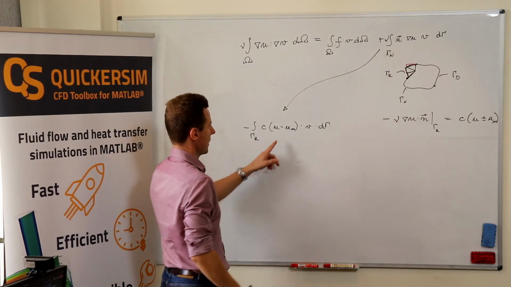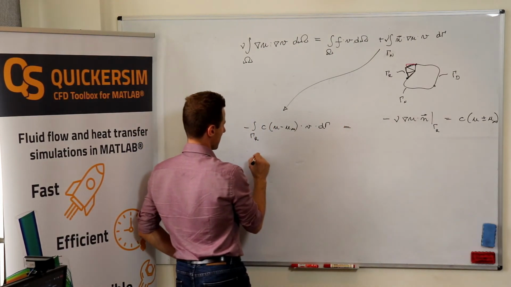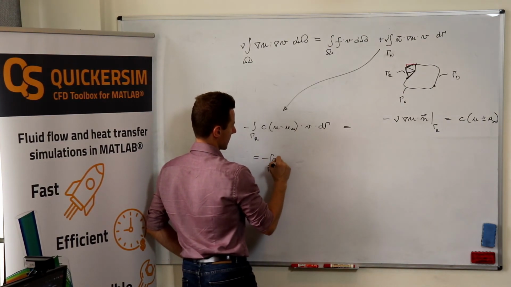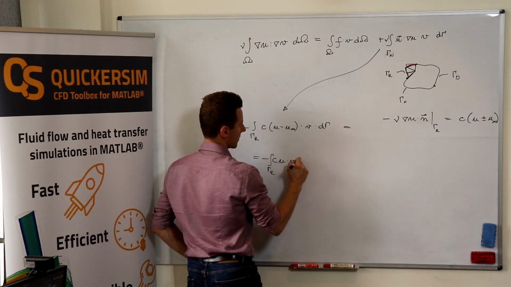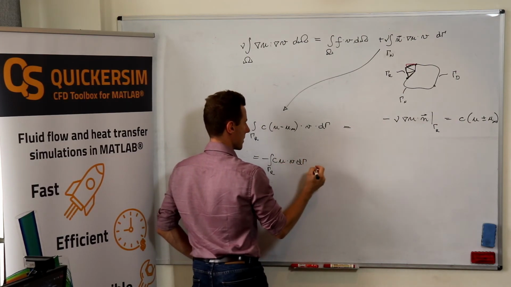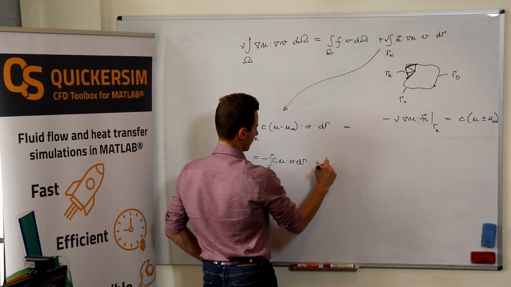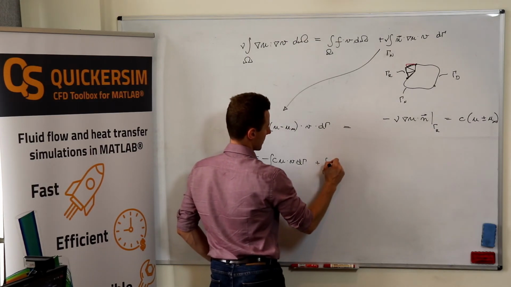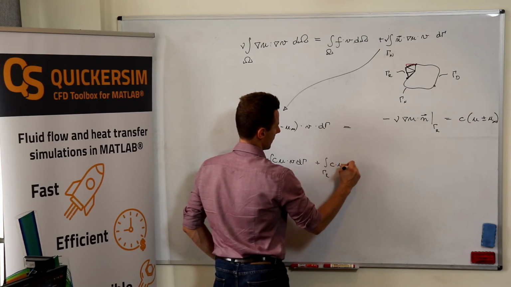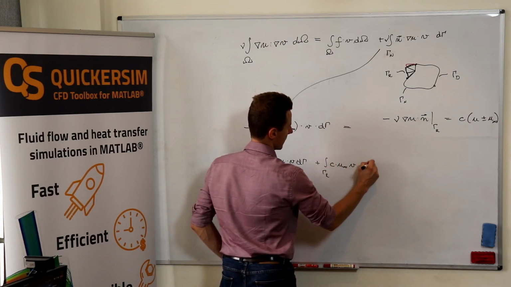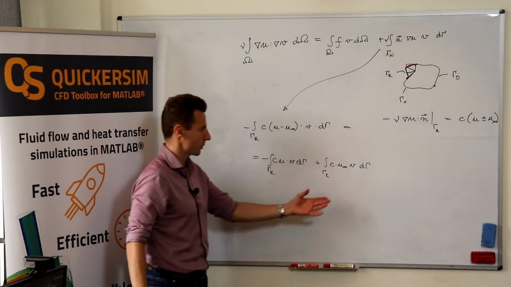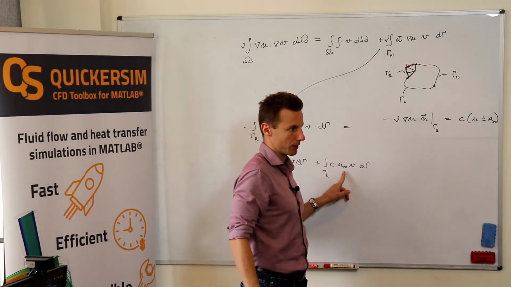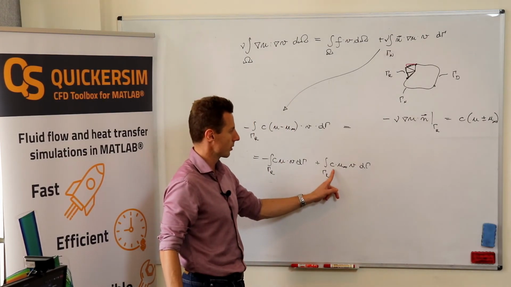But let's have a look here. This one can be split into minus Cu times V plus the integral over gamma Robin of Cu infinity V d gamma. And let's analyze that quickly. That's the constant value that we know from the boundary condition. That's a known coefficient.